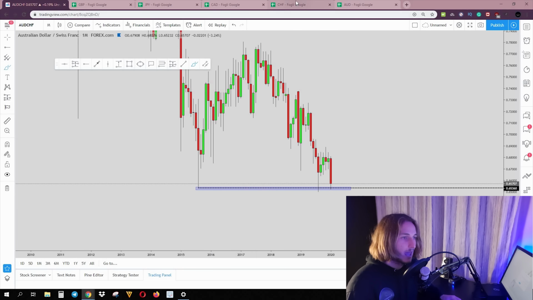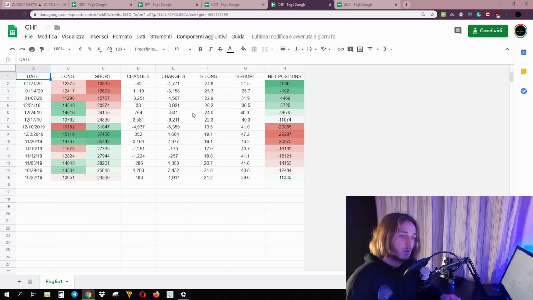And now if we look at what we have from a CHF perspective, we have a similar situation. Why? Because if you look at the longs, they have been decreasing slightly, but if you look at the shorts, we have a massive closing of shorts. Massive closing, but they never added proper longs. So all the strength that you have seen lately on CHF is only given from banks and hedge funds closing up their short positions.